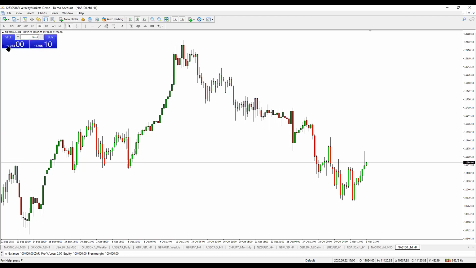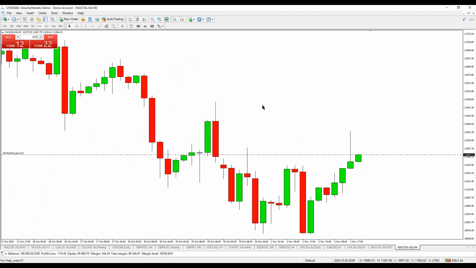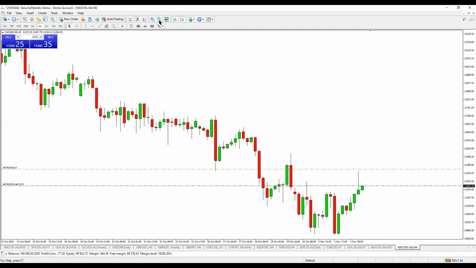So let's say you place a trade here and you say sell. It's going to place a trade. The easiest way to place a stop loss with a computer is you just go to your trade and drag it. This is a lot because this is on a 4 hour, so your stop loss can be 5,000 Rand. But that's how you place a trade.